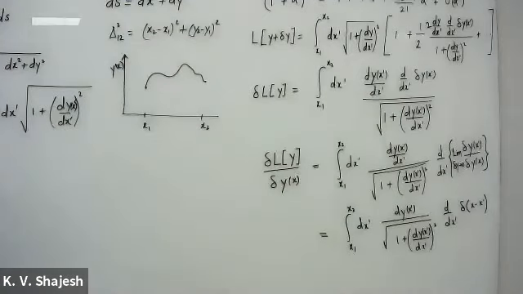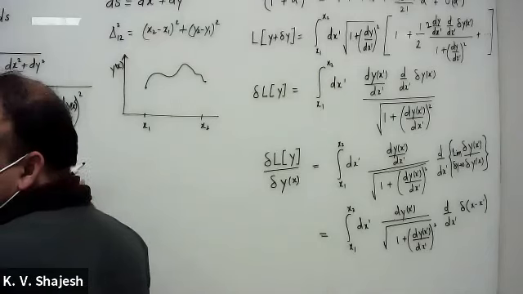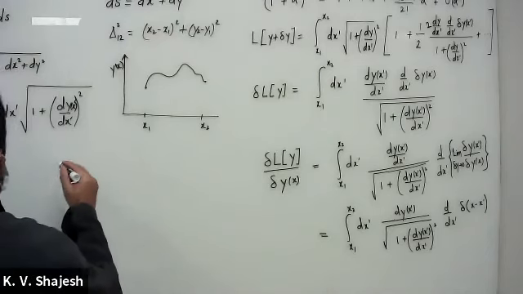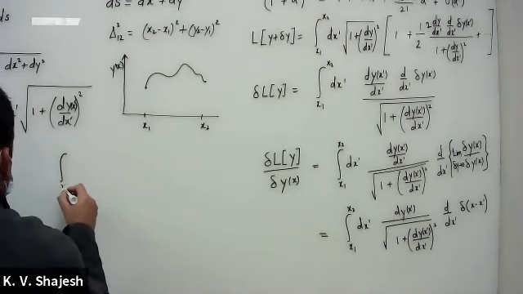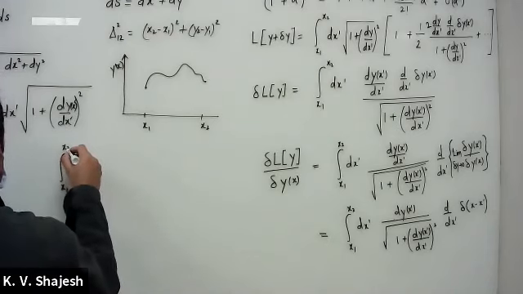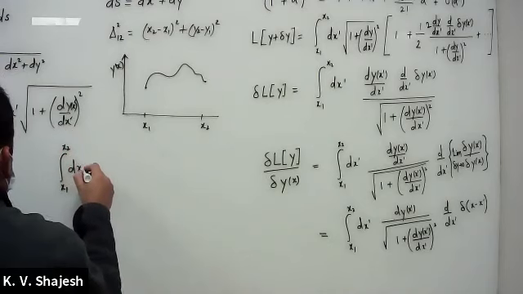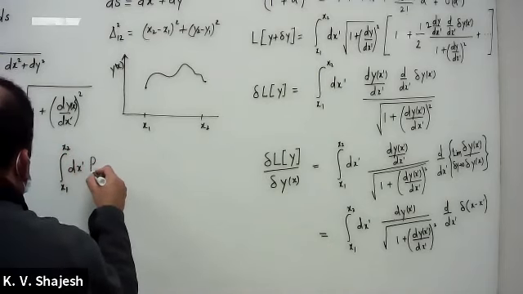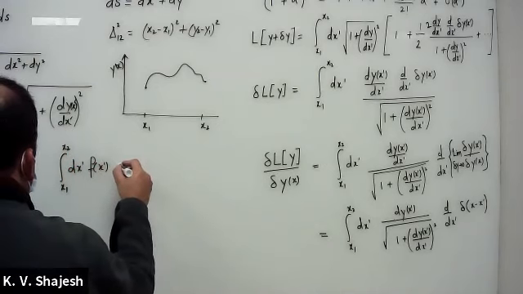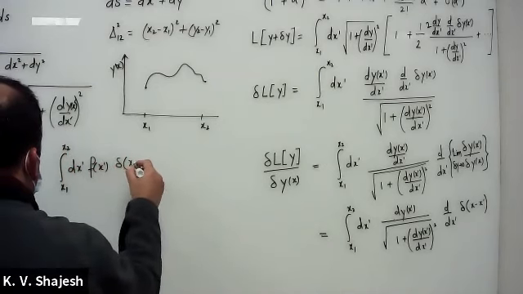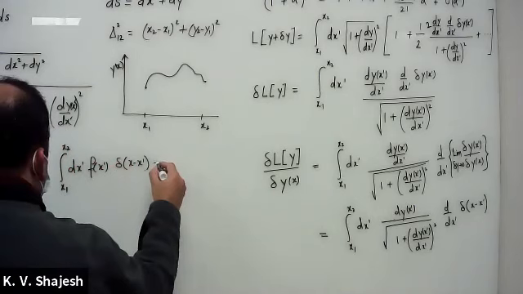But let's try to recall. What is it if I have an integral x1 to x2 dx prime of f of x, right? Some arbitrary function. And if I have a delta function x minus x prime, what is that equal to?